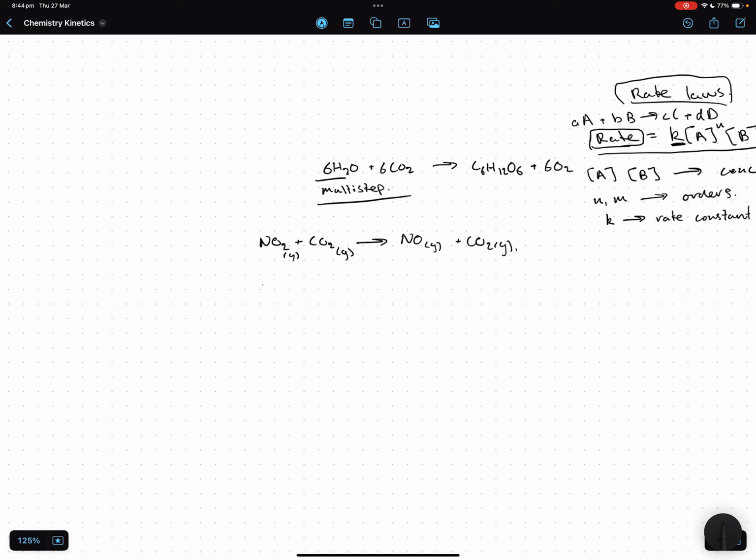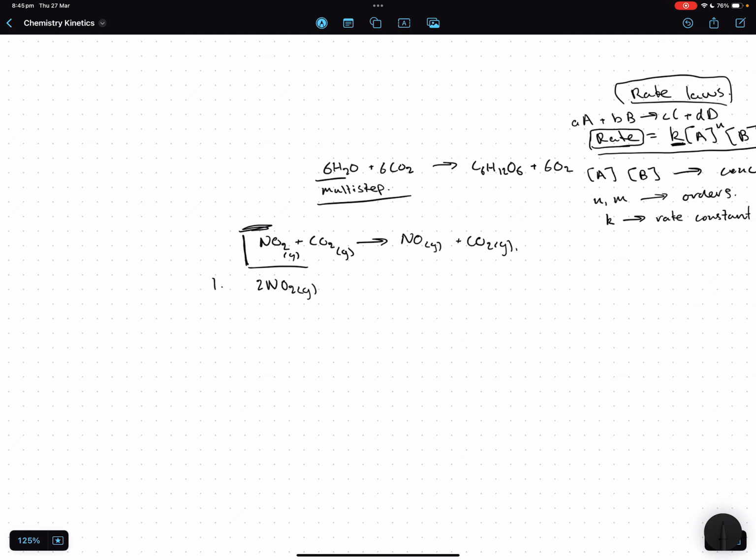We have 2 NO2 gas. There's a chemical mechanism that allows this process to exist.